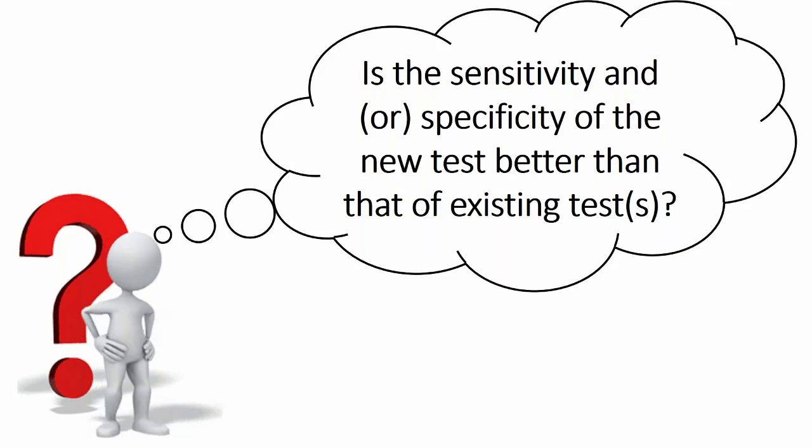Well, there are several measures of test accuracy, but the most commonly reported and the ones that we focus on in meta-analysis are sensitivity and specificity. Sensitivity is the proportion of the cases that are correctly detected by the test, and specificity is the proportion of non-cases that are correctly detected by the test. So what we're interested in when we talk about comparative accuracy is how sensitivity and specificity differ between tests.